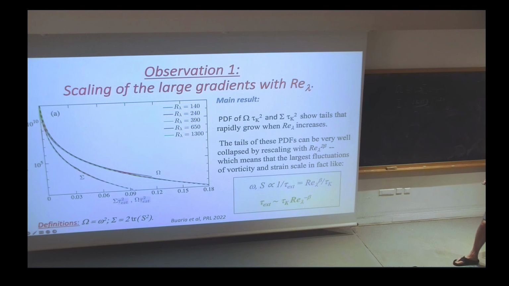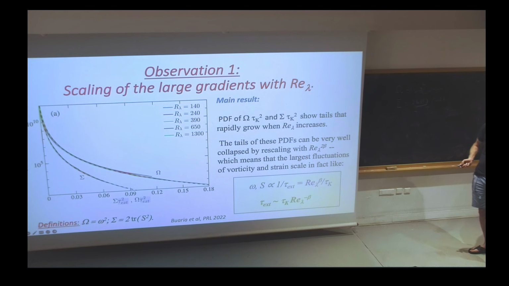The way we did it was to say there is some typical value for the mean, because the mean is the mean. But for these large crazy events, there's some act of faith: there is possibly some other time scale or magnitude, which we relate to the mean by some function of Reynolds number.